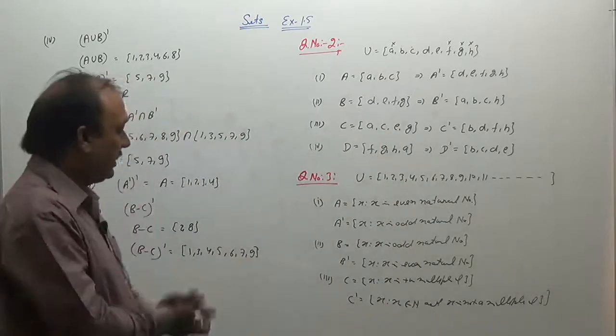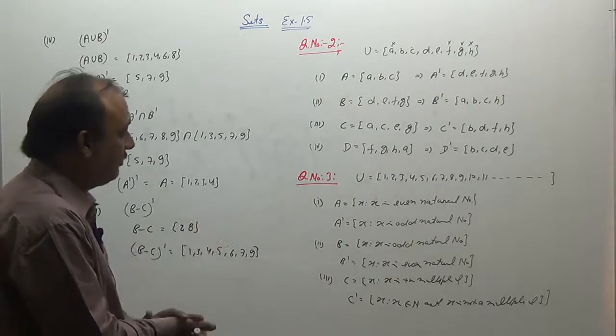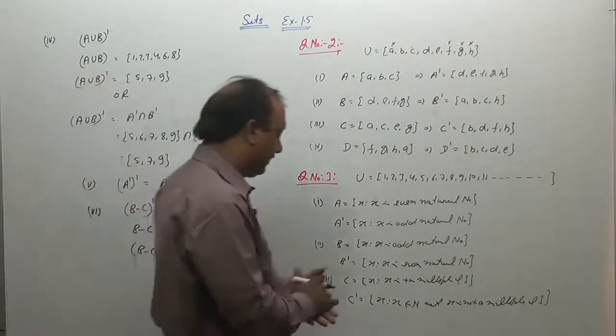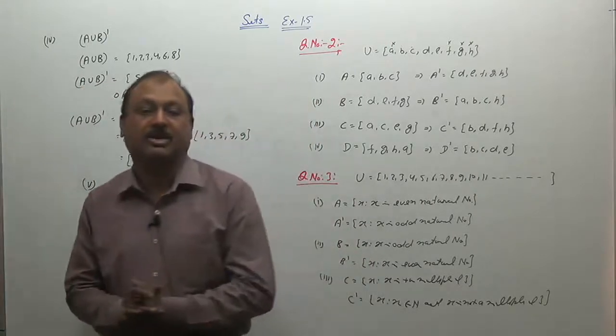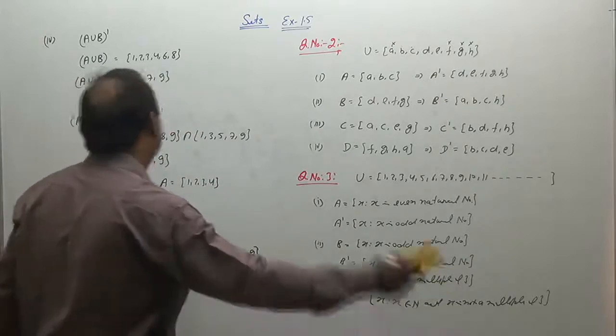Here we have to note that C contains all multiples of 3 as natural numbers. So the complement of the set C is the set of natural numbers which are not multiples of 3.